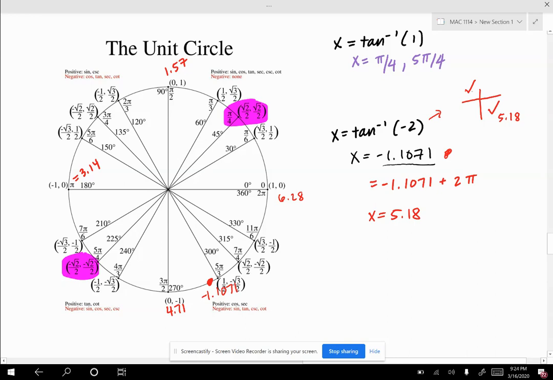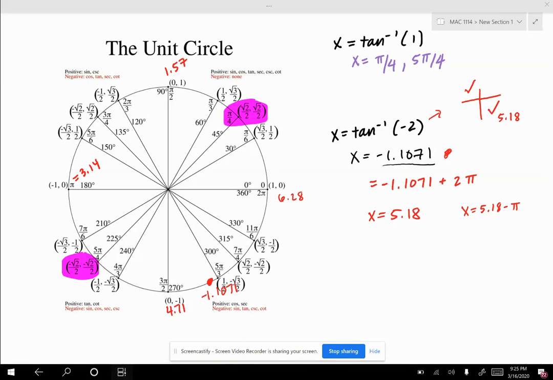To find the pair in the second, because they are in quadrants that are diagonal from each other, their measures are going to differ by 180 degrees, or by pi, since we're in radians. So if I want to find the matching pair, I need to subtract pi from the answer I just got. So the other one is x equals 5.18 minus pi.